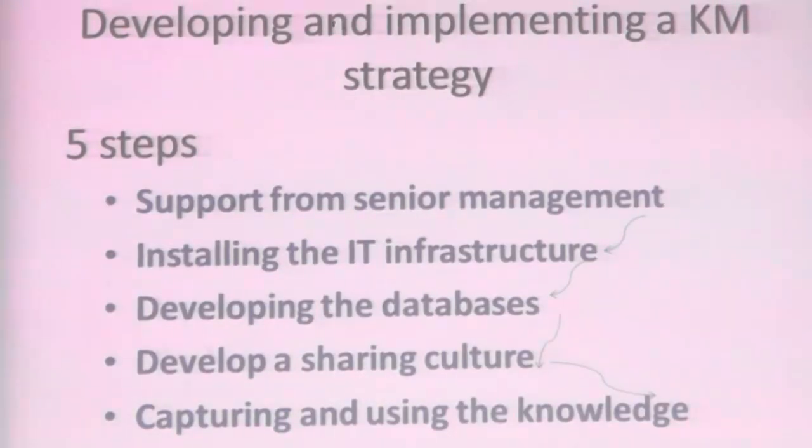In order to implement a KM strategy, IT infrastructure is the main thing. So, senior management has to take the decision to support installing the IT infrastructure. There will be a cost involvement, so senior management has to support that.